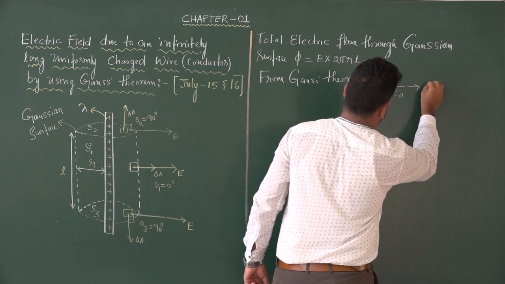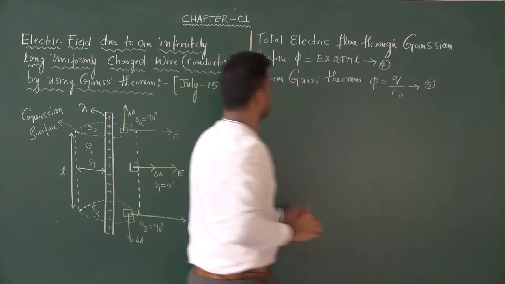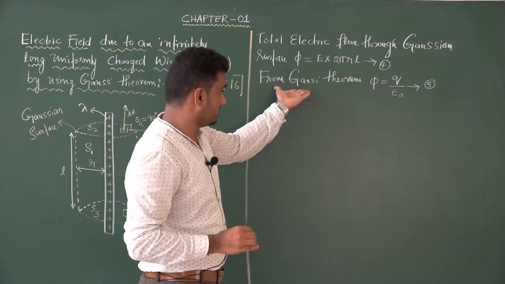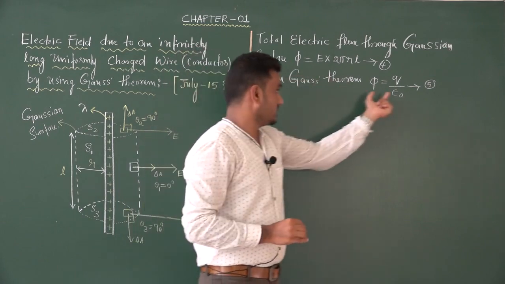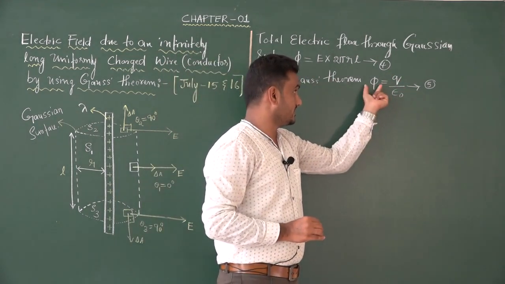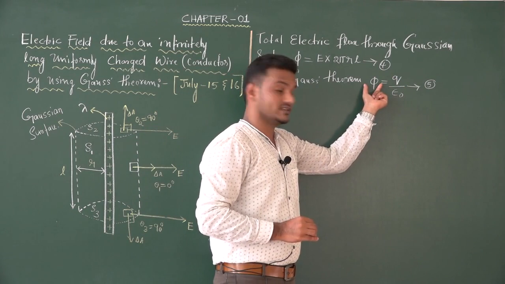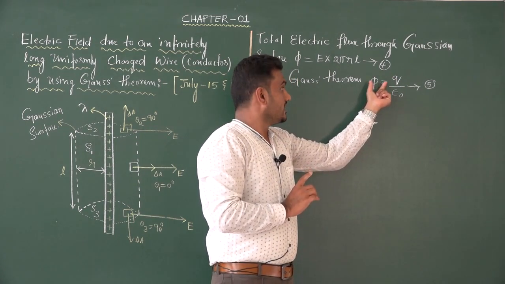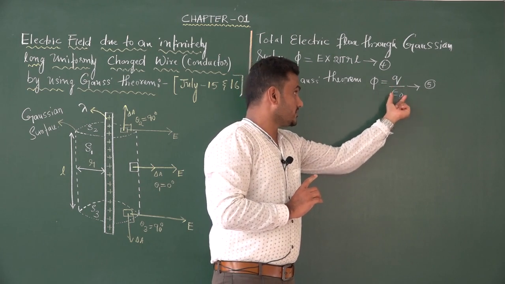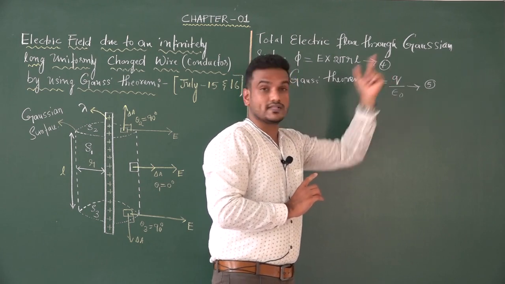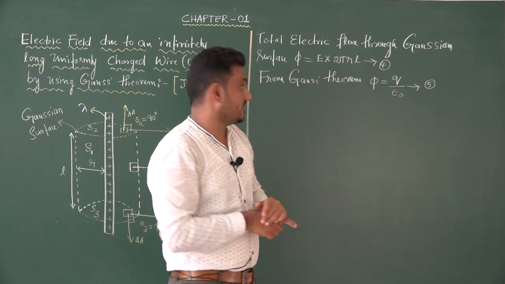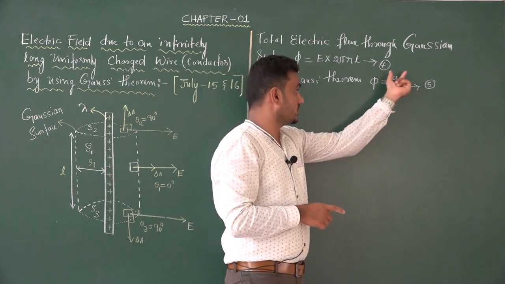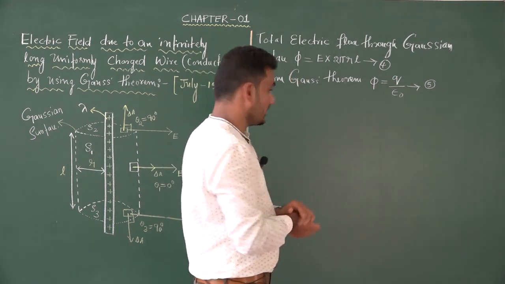That is equation number 5. Already we learned Gauss theorem. That is nothing but total flux through any closed surface is equal to 1 over epsilon naught times the total charge enclosed by the surface, that is phi is equal to Q divided by epsilon naught.